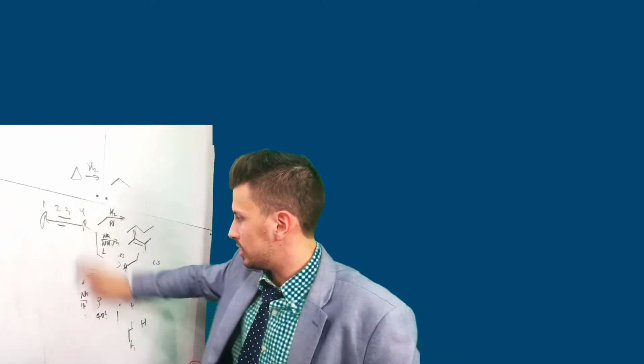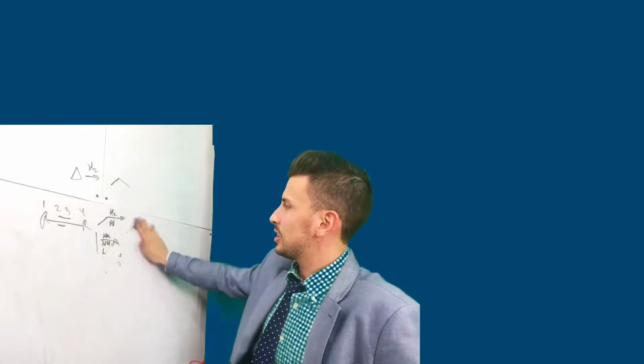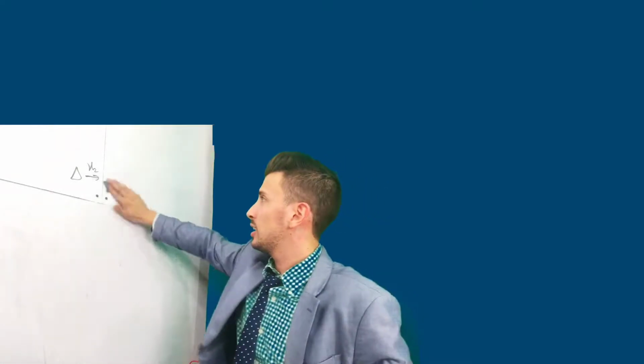And the other thing to note is that while it's a common mnemonic to just remember that, oh, Lindlar's catalyst gives you cis alkenes, that does not mean that if you have a trans alkene you're going to make it into a cis alkene if you use Lindlar's, because Lindlar's catalyst, or the sodium and liquid metal reduction which gives you trans alkenes, only work with alkynes. They do not work with alkenes.